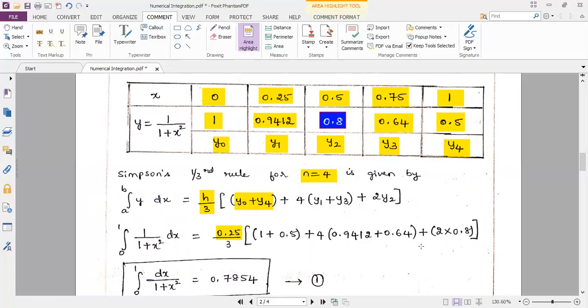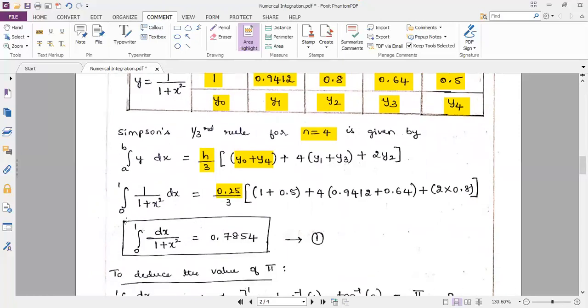And evaluating using the calculator, we obtain integral 0 to 1 dx divided by 1 plus x square is 0.7854. This is an approximate answer rounded off to the 4 decimal places.